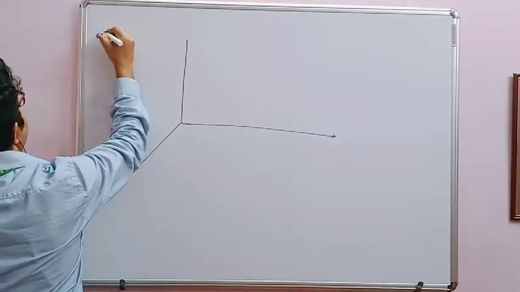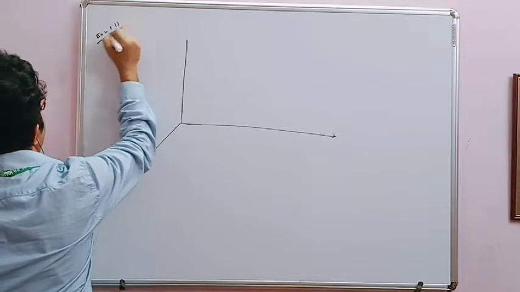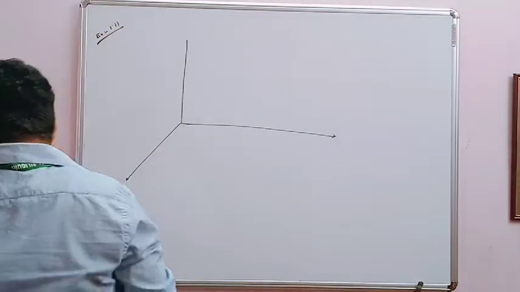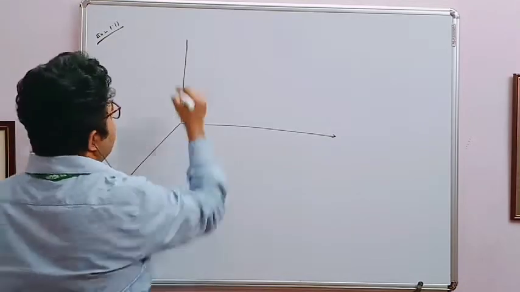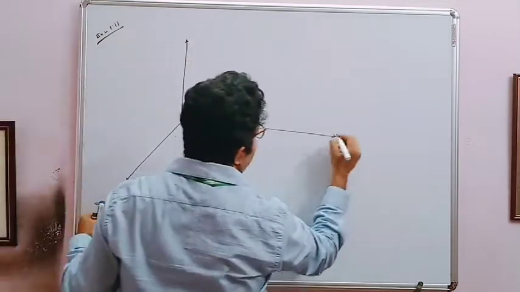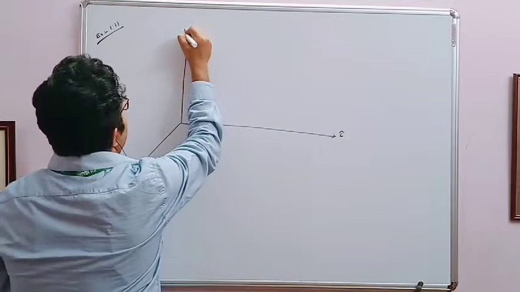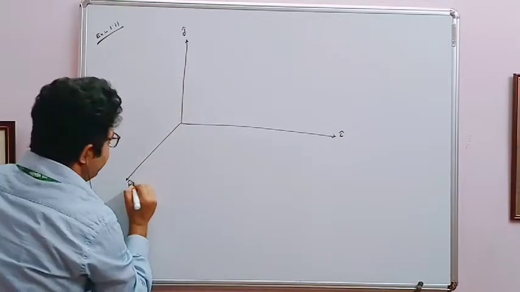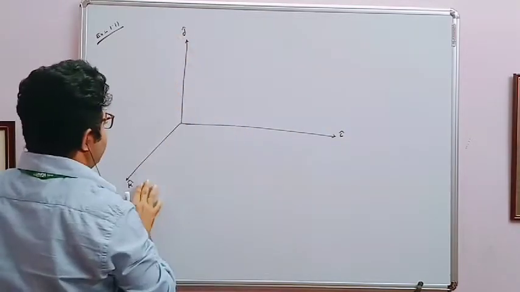I will mention the question number: Example 1.11. Here you have the i coordinate, j coordinate and k coordinate, meaning the x axis, y axis and z axis.